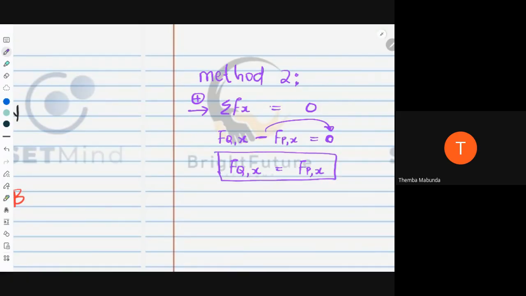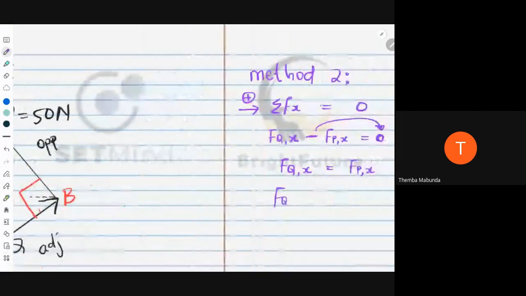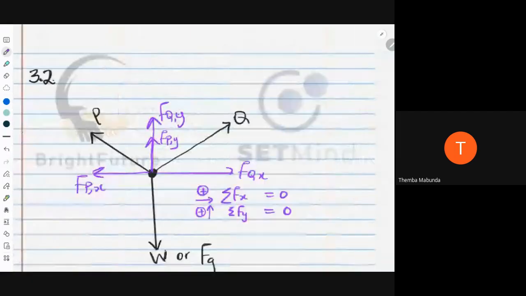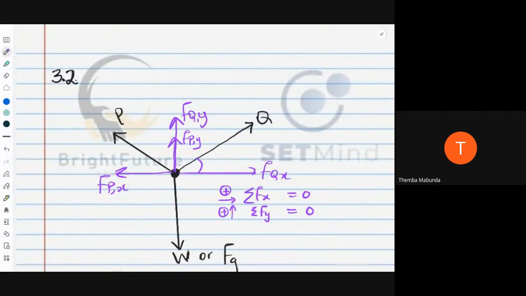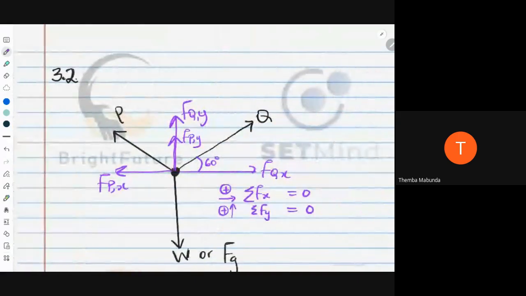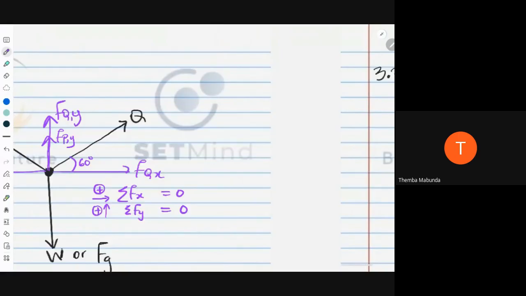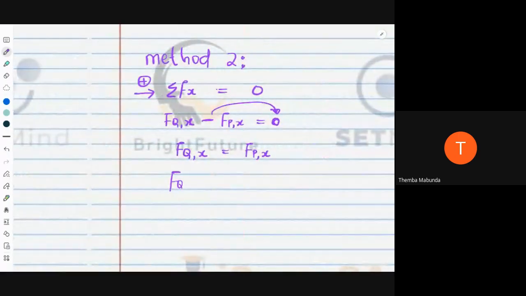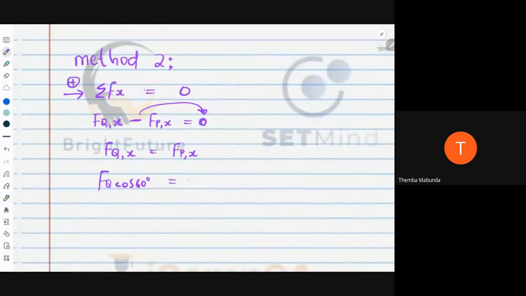From here, you would be able to find your Q, because you would say Fqx is simply Fq, I think it's cos. Let's see. Yeah, it's cos because we have a 60 here. So we'd have Fq cos 60 equals to Fpx, which will simply be 50 because we are given this one.